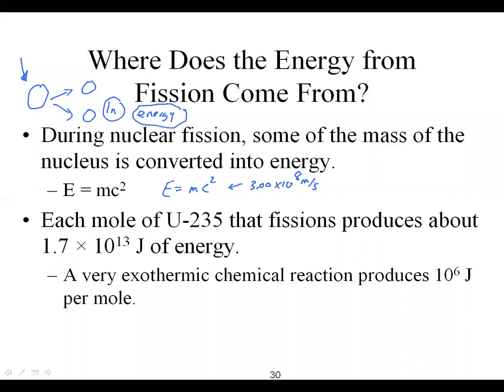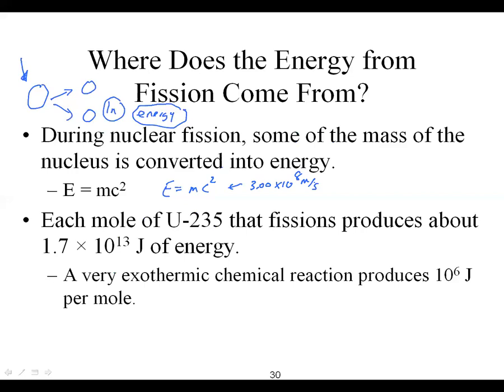Now, as we talked about a little bit previously in this chapter, in comparison of a nuclear reaction to a traditional exothermic chemical reaction, there's a very big difference in the amount of energy produced.